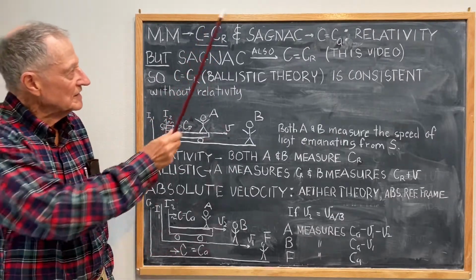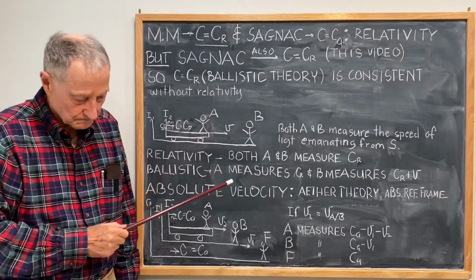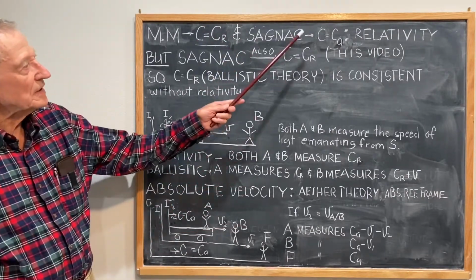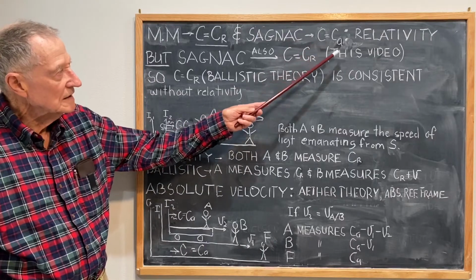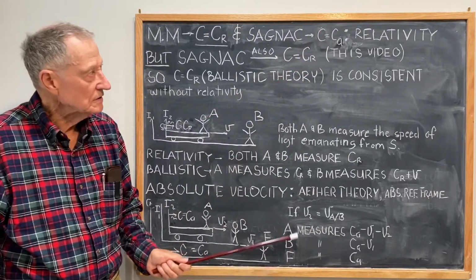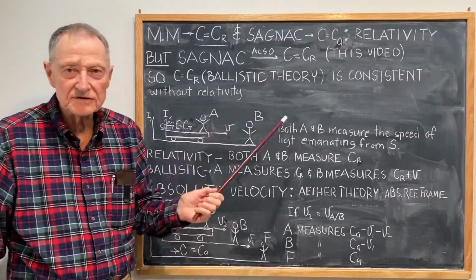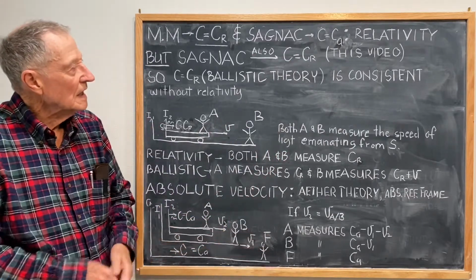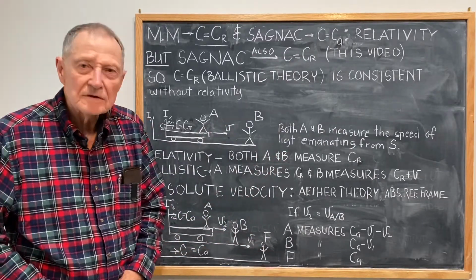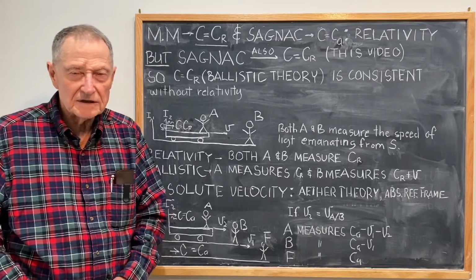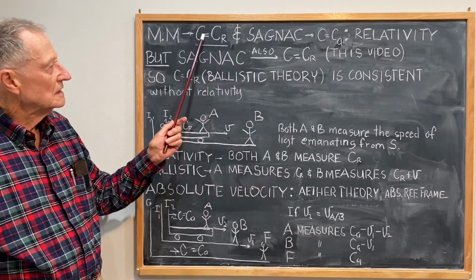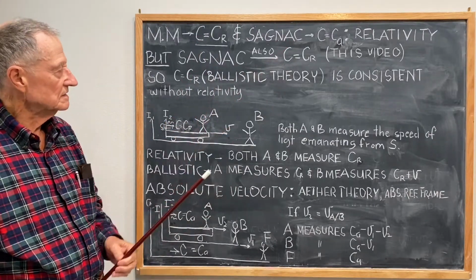The Sagnac experiment implies that the speed of light is absolute, which is the ether theory, and Einstein formulated the theory of relativity in order to account for this inconsistency.